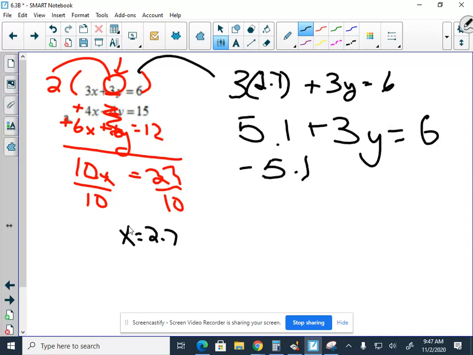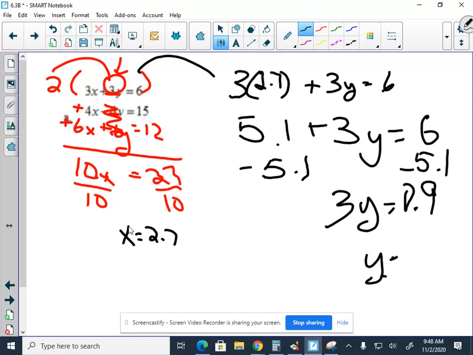Now again, you don't have to show all the work like this. Minus 8.1 from each side, but I get 3y equals positive 0.9. If I divide by 3, y equals 0.3.